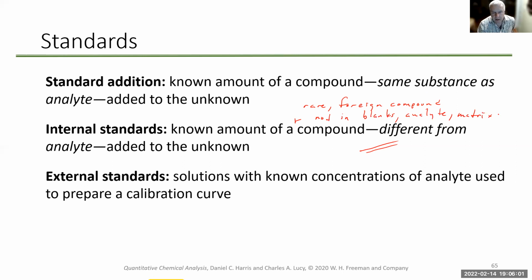An example that's often used in atomic spec is lanthanum, right? It's not super rare, but it's normally not present in water or acid or samples. If it is in your samples, then it's not a suitable internal standard, right?